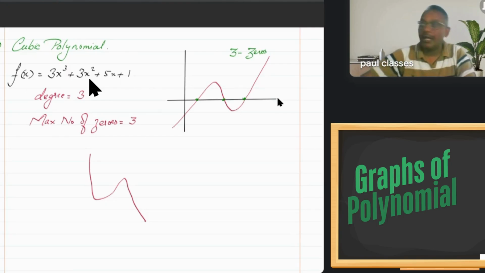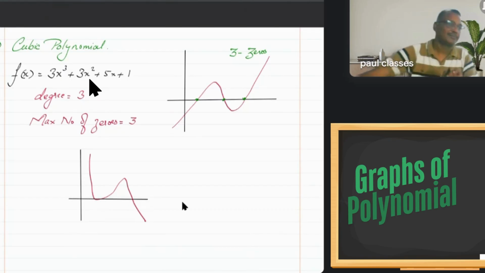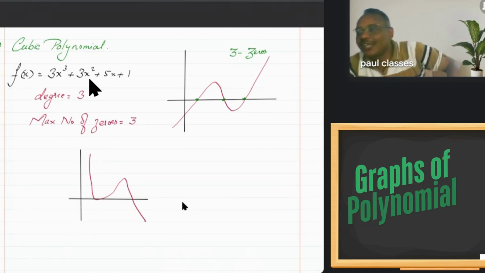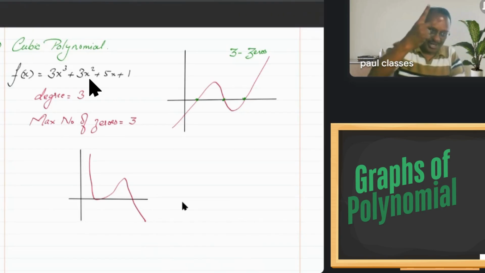Now, sometimes it may happen that the graph is like this. How many times is it touching or intersecting the x-axis? 2 times.